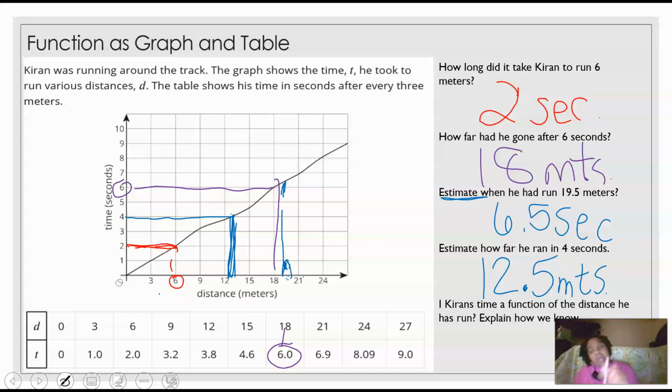I could do the vertical line test. It's a function, so to me, it's a function. You have to be able to explain it using what you know about function, input, output, and the vertical line test. So put to use everything you learned from the previous lessons to explain your reasoning, okay?